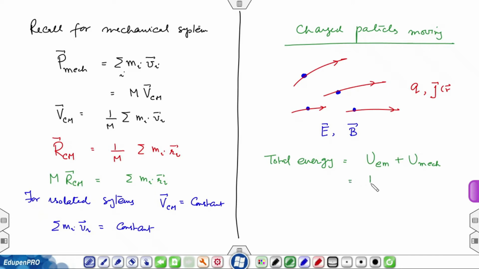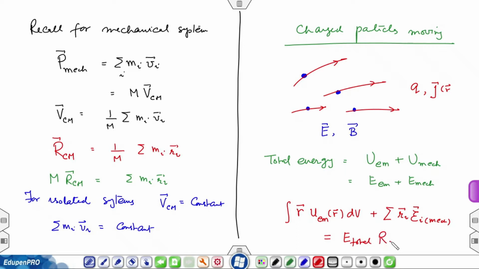In our language, you can also call it E electromagnetic plus E mechanical, and I can define a quantity integral r U_electromagnetic dV, where U electromagnetic is the energy density in electromagnetic field integrated over the entire volume, plus summation r_i and total energy E_i mechanical as E total times R center of energy, and then we will prove the theorem.